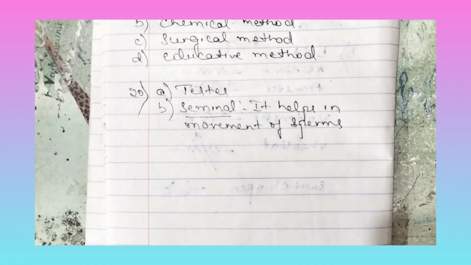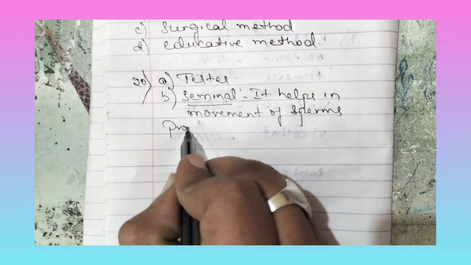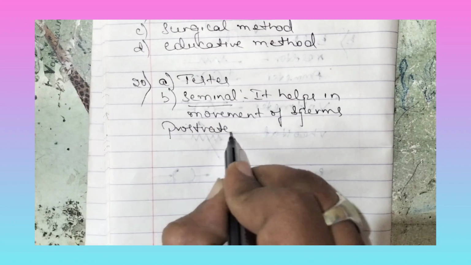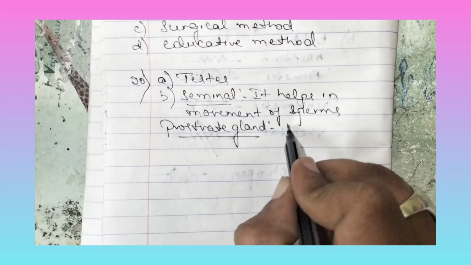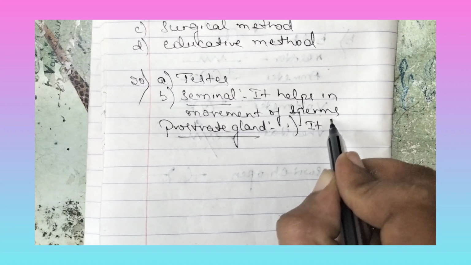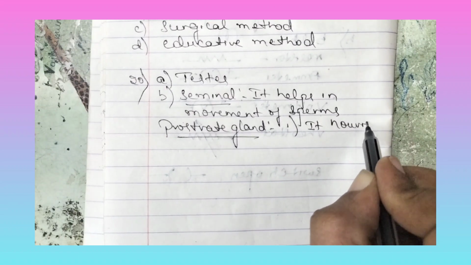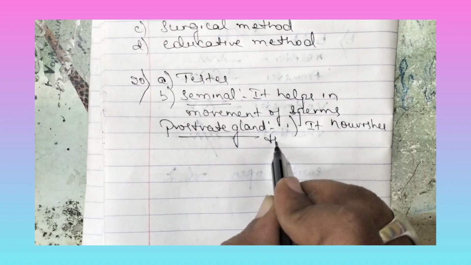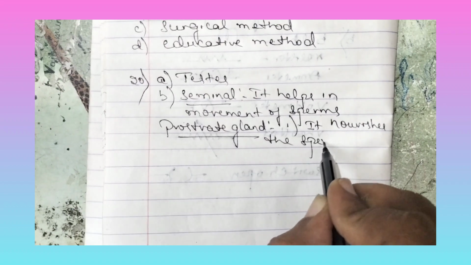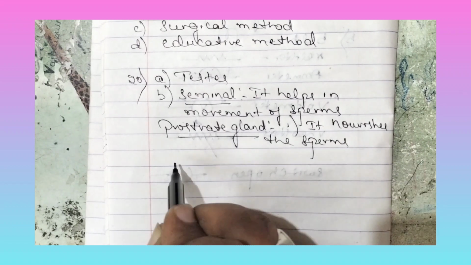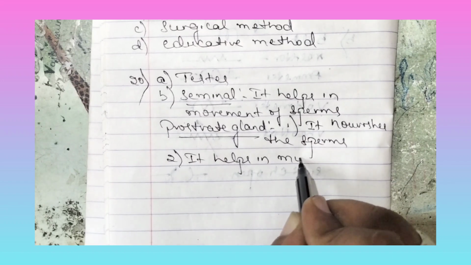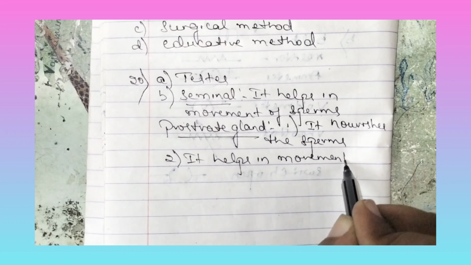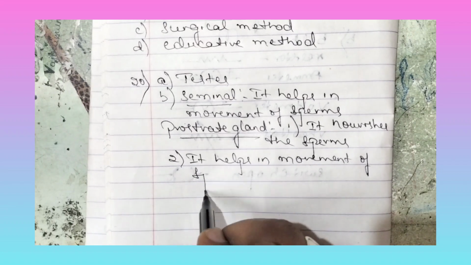Then what is the function of the prostate gland? The first function is that it nourishes the sperms, because the sperms are living cells. And the second one is it helps in movement of sperms.